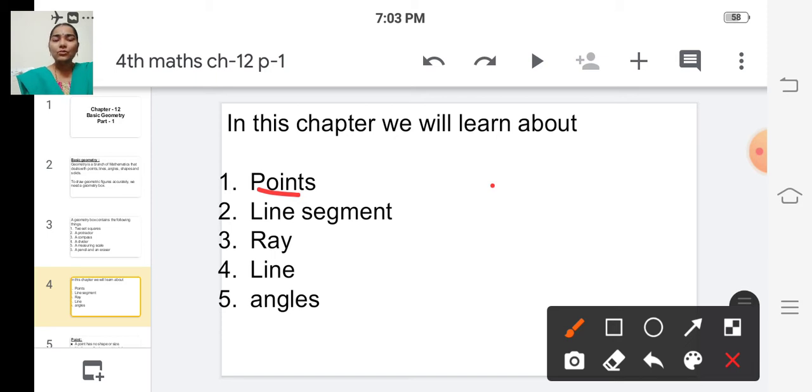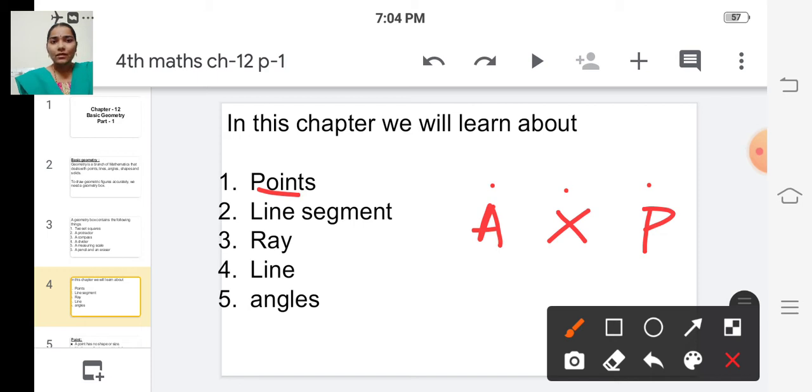And we have to name this point in capital letters only. So we can name this point as capital A, or the next one as capital X or capital P, or any alphabet letter, but in capital letters only.